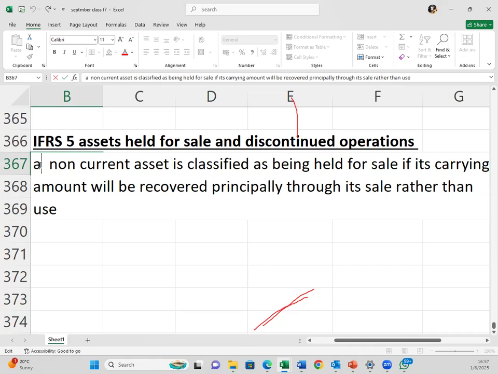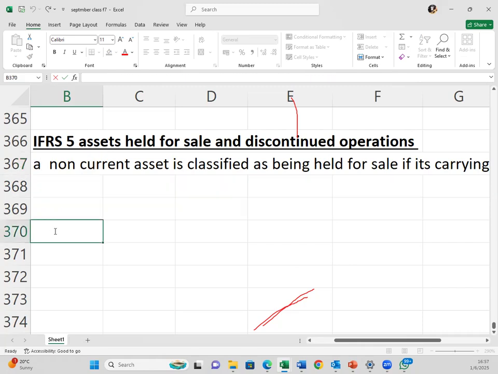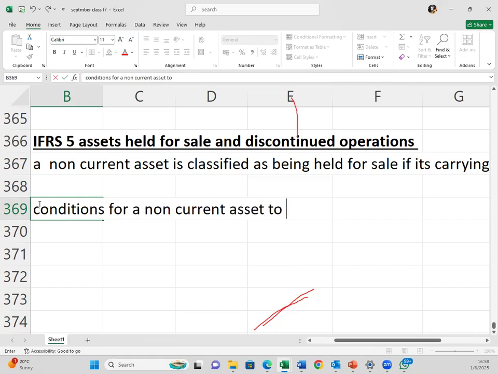We look at which conditions in particular. For example, let's actually have the conditions for a non-current asset to be classified as held for sale.